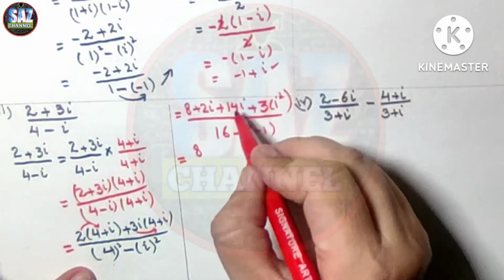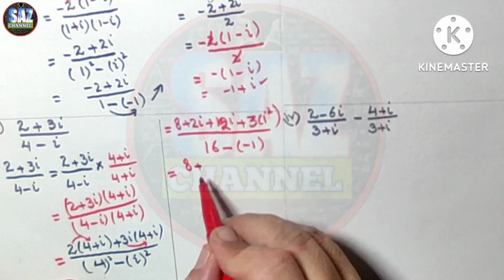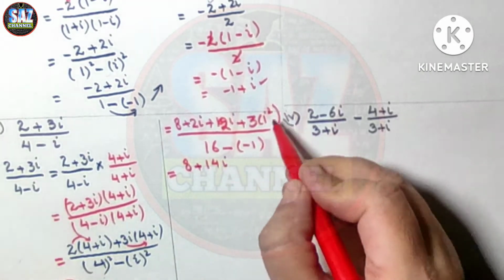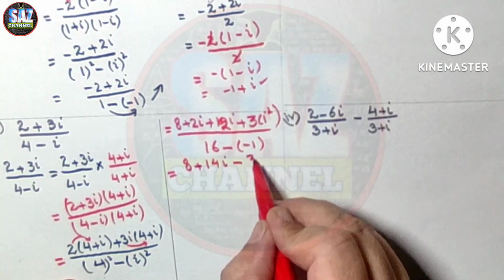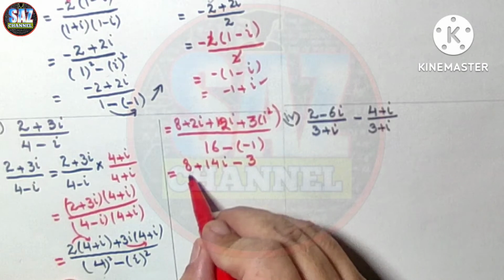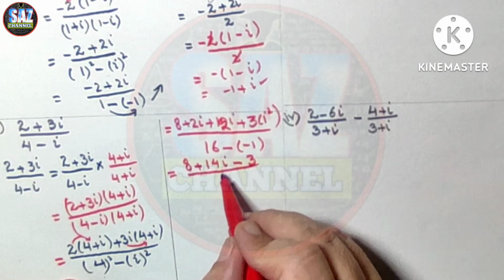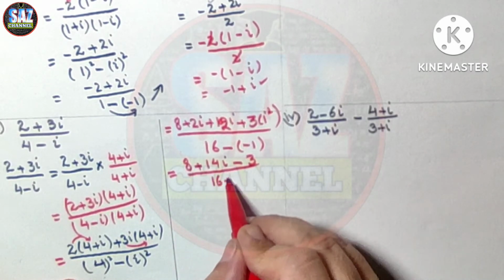8, 3 times 4 is 12, sorry, 12 plus 2 is 14 iota, and iota square is minus 1, this will become 3, and this is 16 minus 1, this is 16 plus 1.